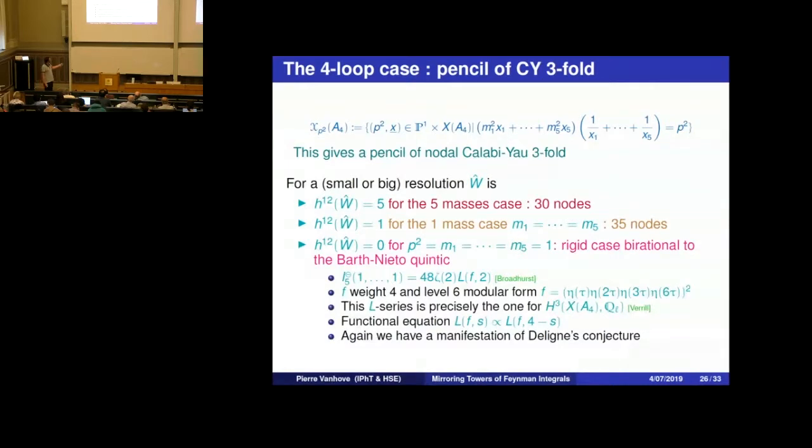What you can do is compute the L function from the middle cohomology, H3 of Q, and Elena Verrill did it. And indeed she found that the L function is precisely the L function associated with that modular form.